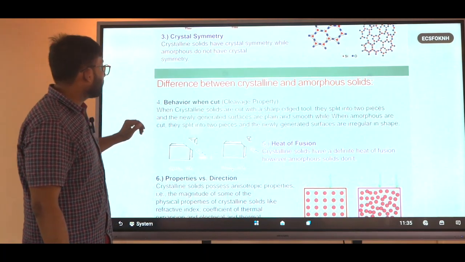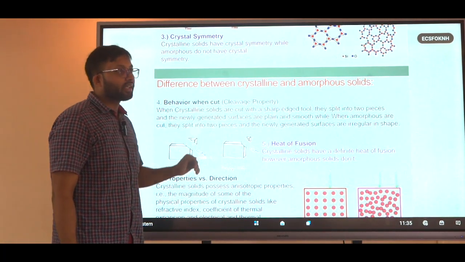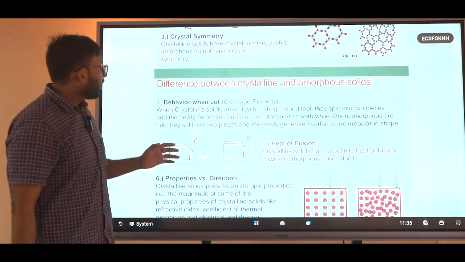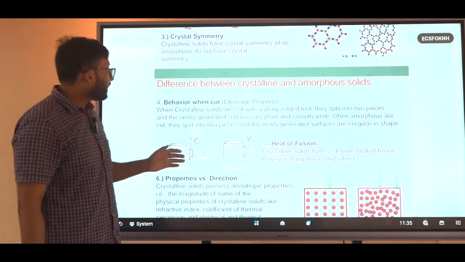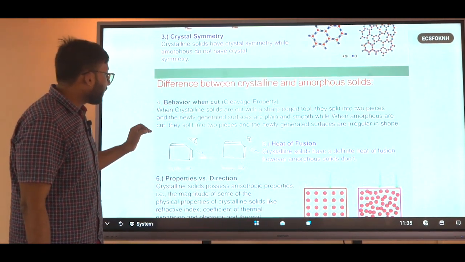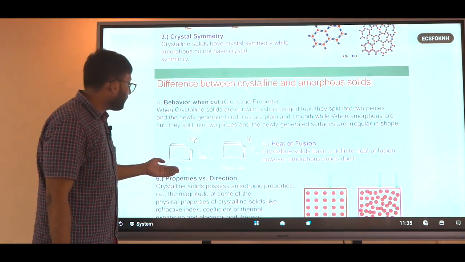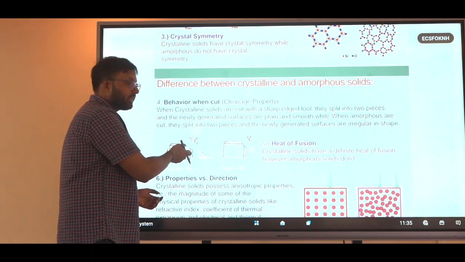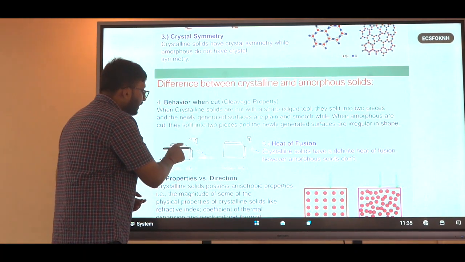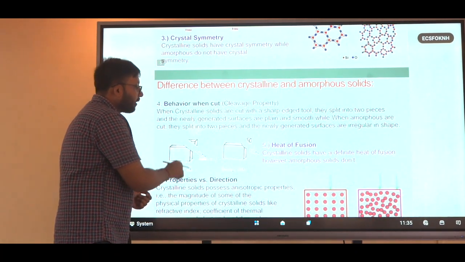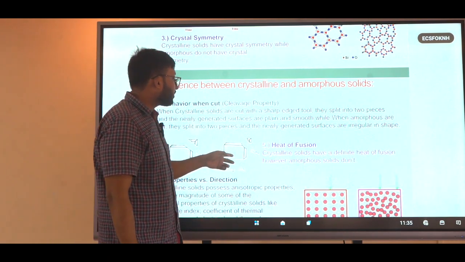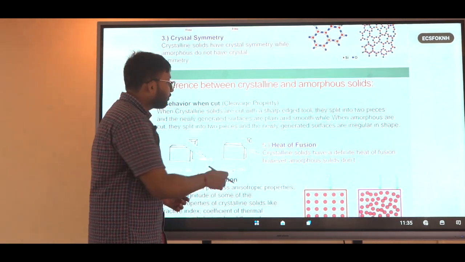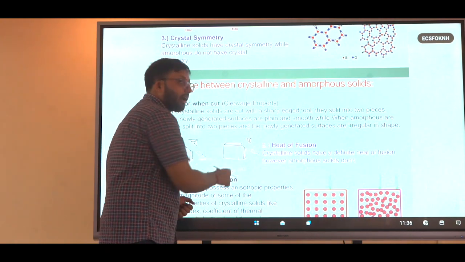Coming to the fourth point, that is behavior when cut. If I cut a crystalline solid, I will get a proper edge, just like if we imagine a cube and try to cut it from the edge, we get a very defined edge. But in the case of amorphous solid, if I perform the same act, we get a rough edge.